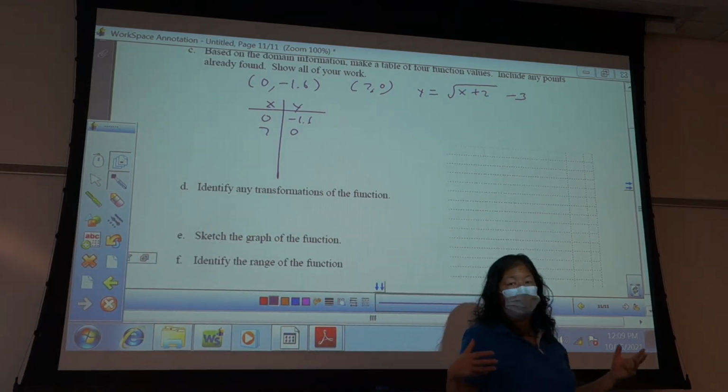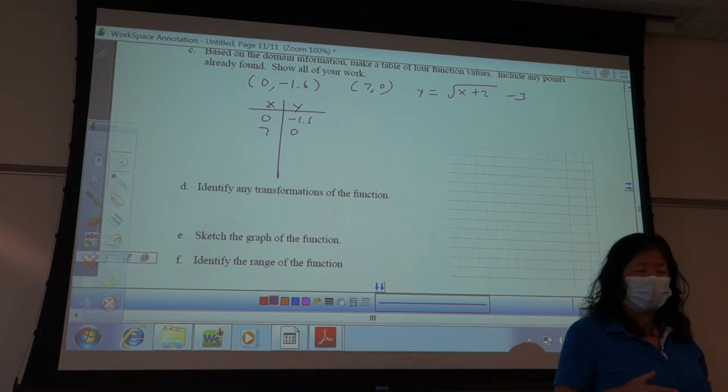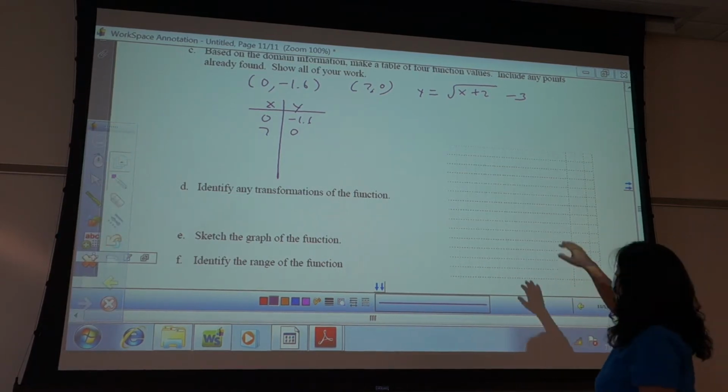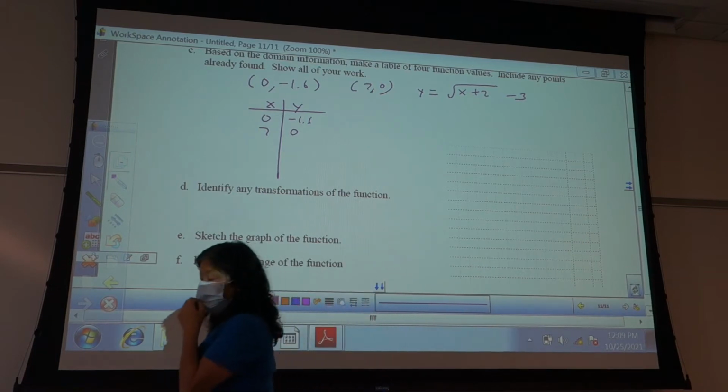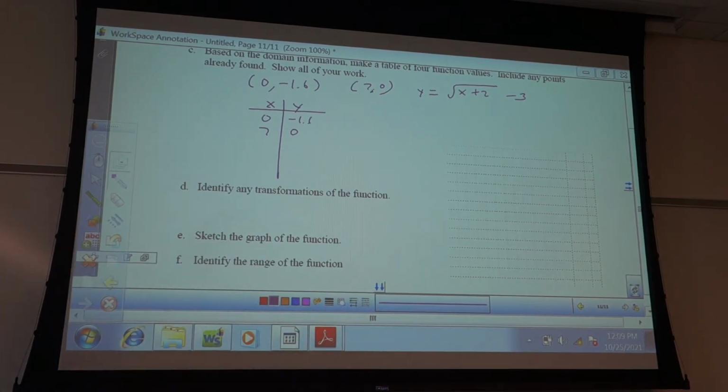Inside, is that up, down, or left, right? Left, right. Figure out where it's gone. Outside, that's my up, down. Figure out where that's transformed. When you're done, check with your neighbors.